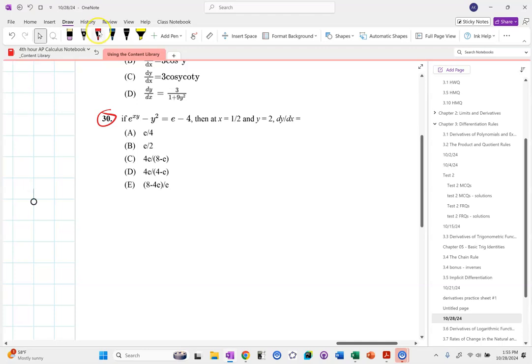All right. It says if yada, yada, yada equals yada, yada, yada, then at x equals 1/2 and y equals 2, what is dy dx equal to?